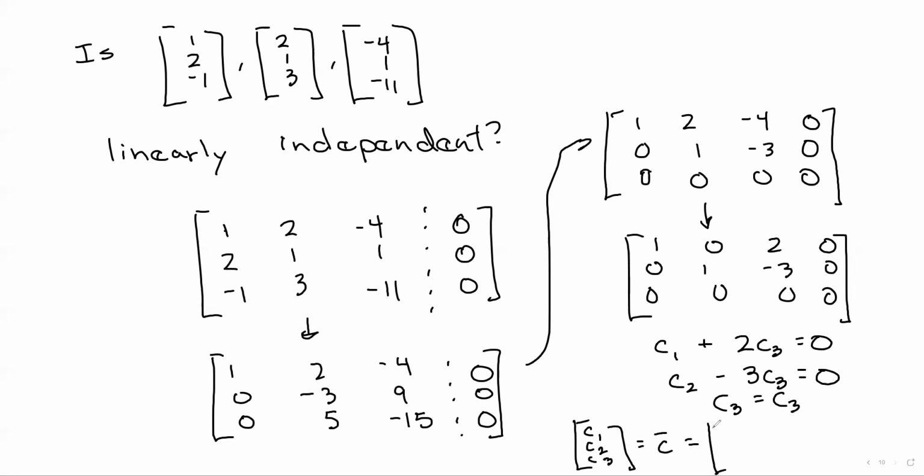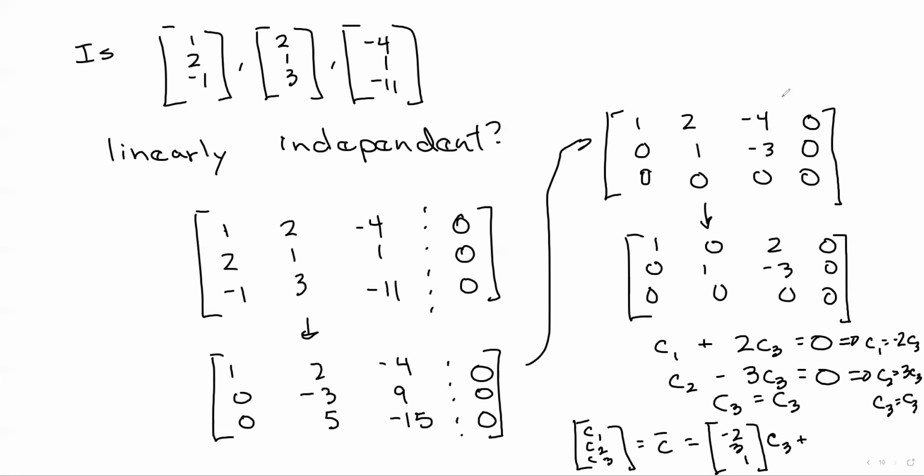And that's going to equal, oh, whoops, I forgot a step here. I skipped a step. You need to get the C1 by itself. So you have C1 equals -2C3. And you're going to have C2 equals 3C3. And C3 equals C3. And so we're going to get -2, 3, and 1 times C3, plus 0, right?